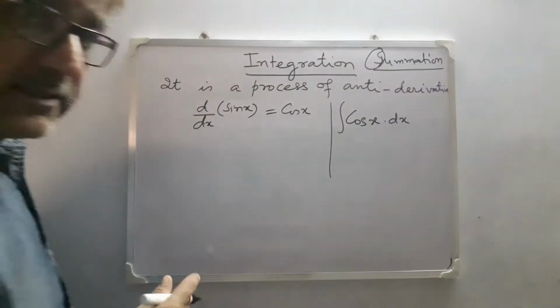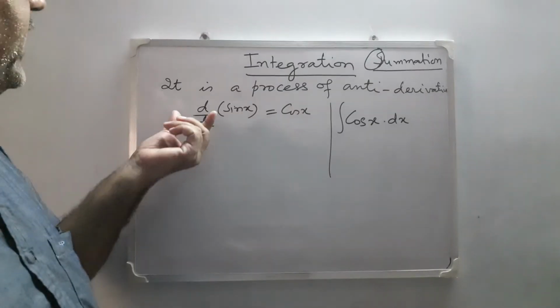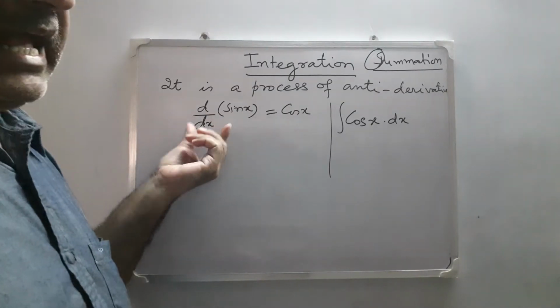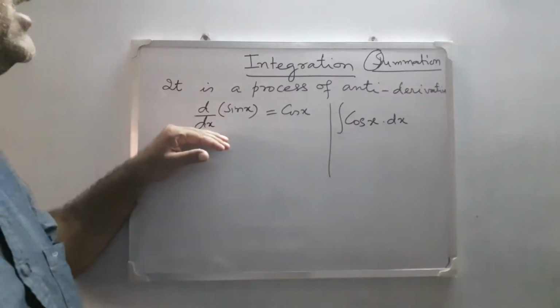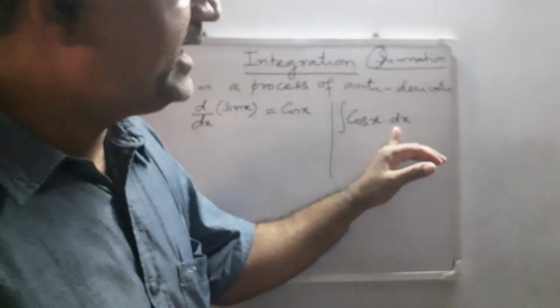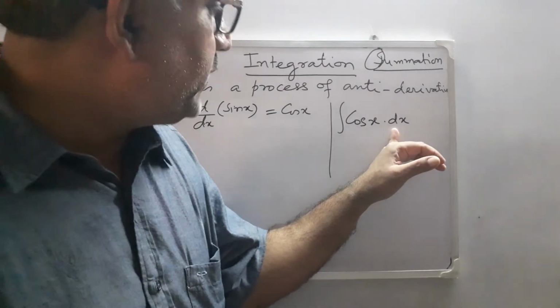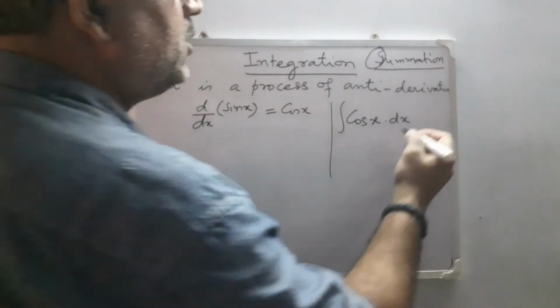Why dx? In differentiation we divide by dx, and integration is the reverse process. The reverse of division is multiplication, so we multiply by dx. So integral of cos x dx is equal to sin x.